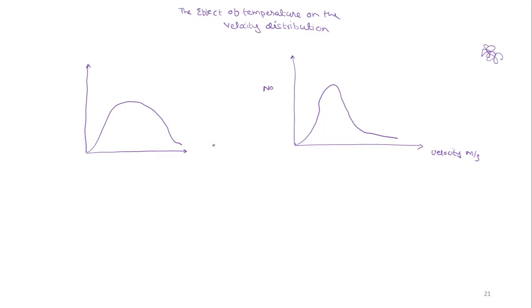So Maxwell and Boltzmann derived an equation using which you can find out the bell shape of your system. And here is the equation that they have proposed. Their equation states that the probability of velocity can be calculated using this equation.